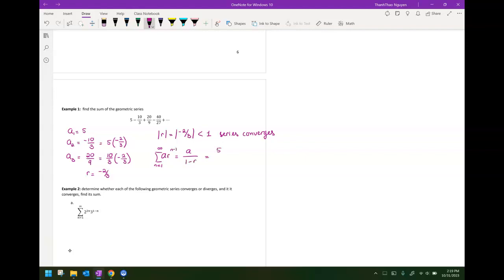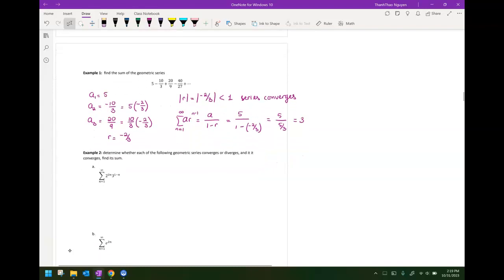So a here equals 5, and one minus r is 1 minus negative 2/3, that is 5/3. So here we get 5 divided by 5/3. That makes 3. So the series converges to 3.